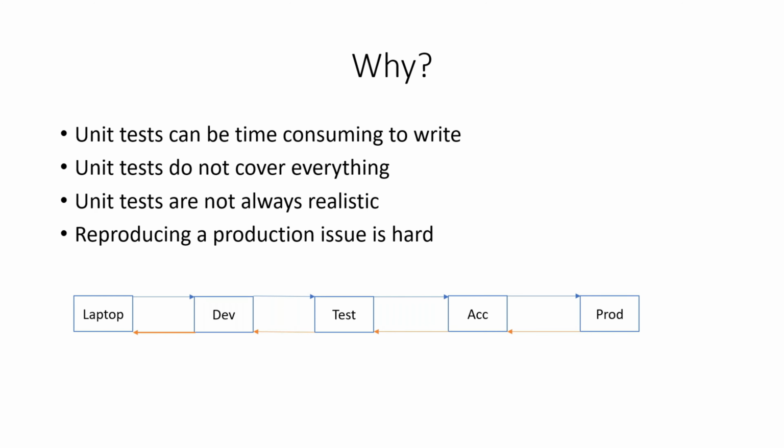So shift them from production to acceptance, test, dev, or preferably the laptop, so we can debug and resolve it. And we want to cover as much as possible in an early stage. Preferably it's already failing on your laptop, because then you can fix it immediately before it goes to production.